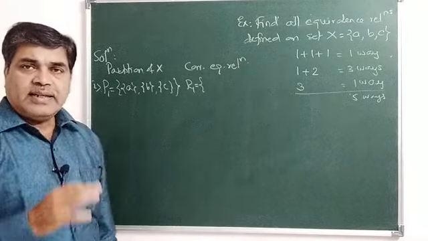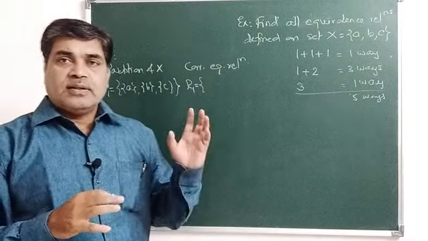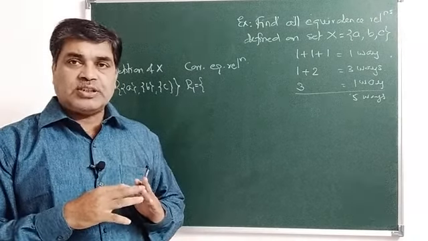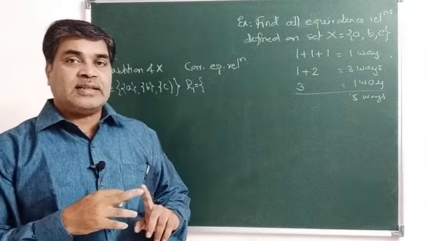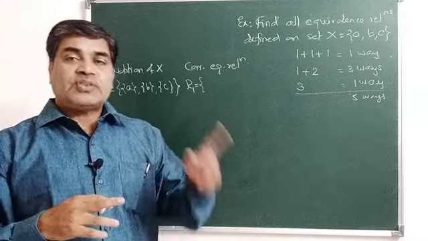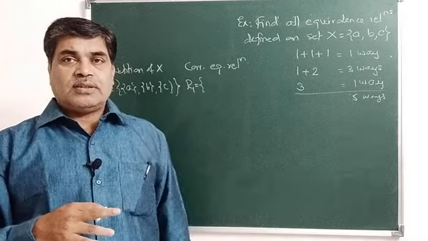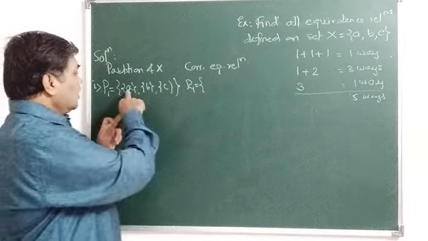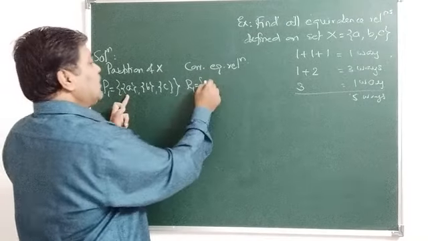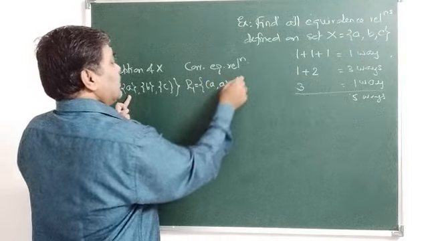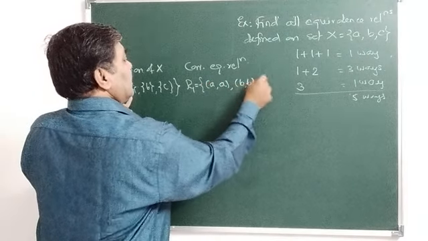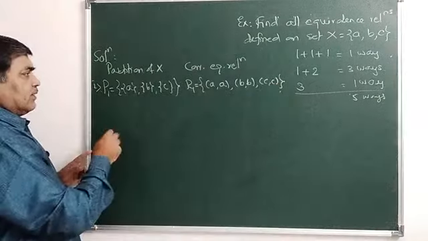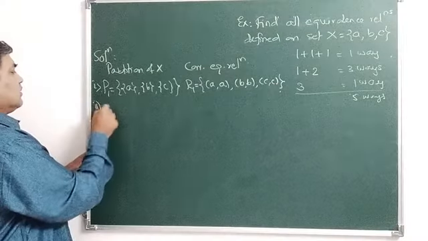While defining the equivalence relation, if P is the set of subsets of the partition, then two elements in X are related if they lie in the same subset of that partition. So I can relate A to A only. So (A, A), then (B, B), then (C, C). Is it clear?